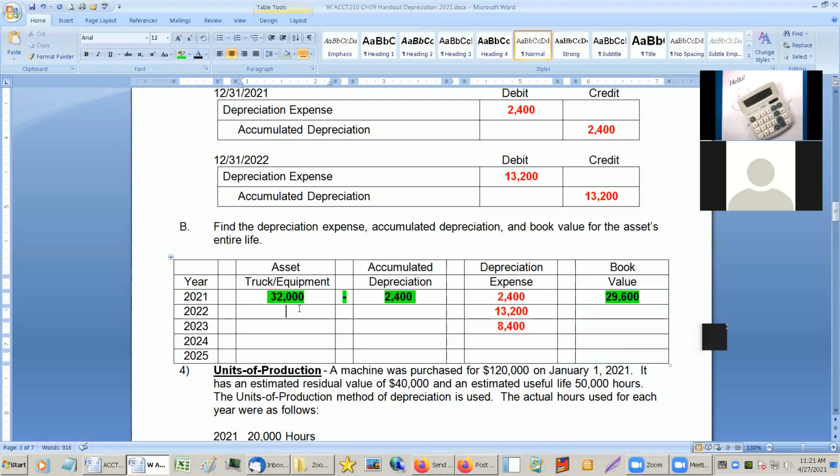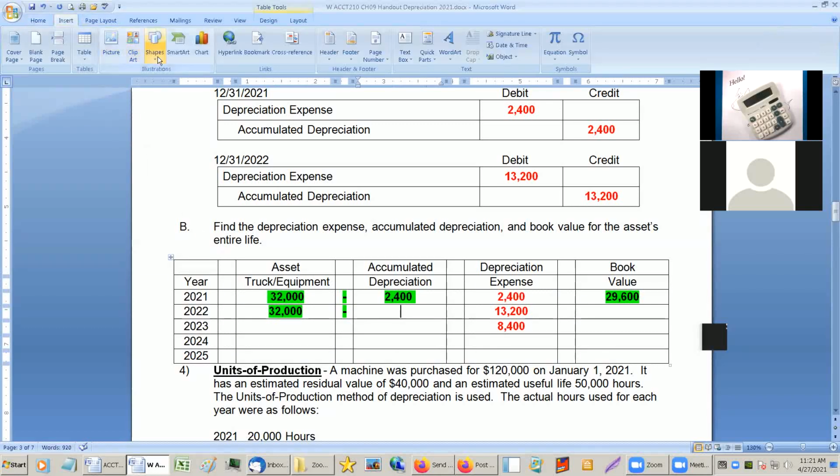Next year, same thing, $32,000. Now the accumulated depreciation for this year will be both years together.